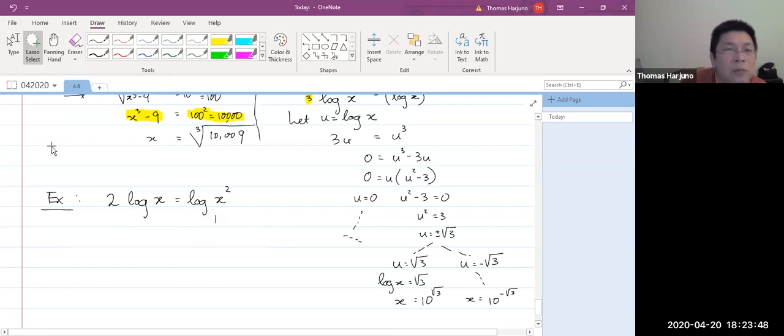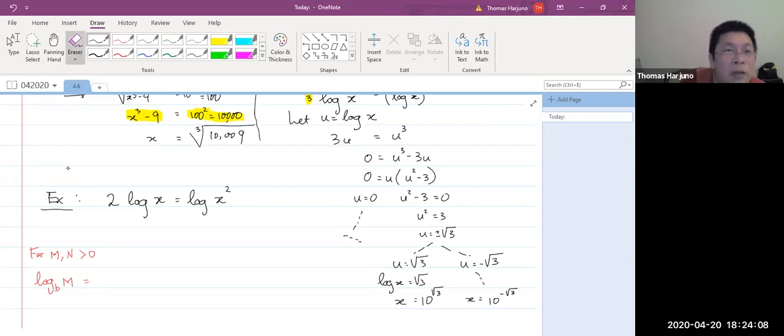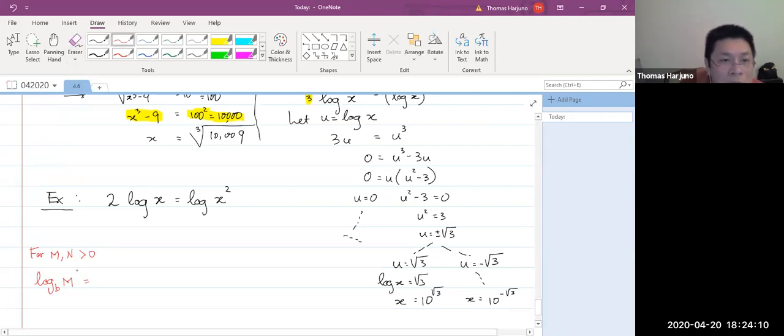Yeah, the full statement is actually the following. For m, n positive, log base b of m to the n equals, actually this one doesn't have to be positive, to the x equals x log base b of n.